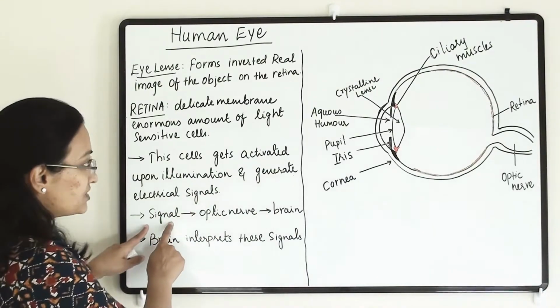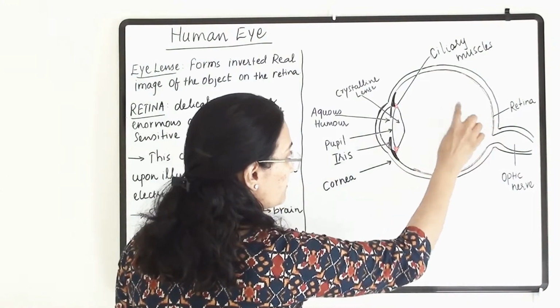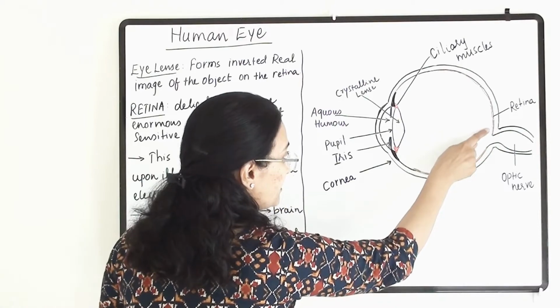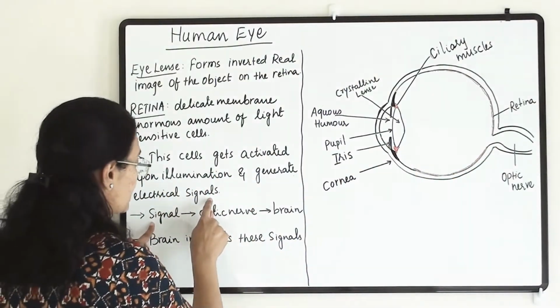Now the image has already formed, the light has entered, the retina cells got activated, and then they send electrical signals.